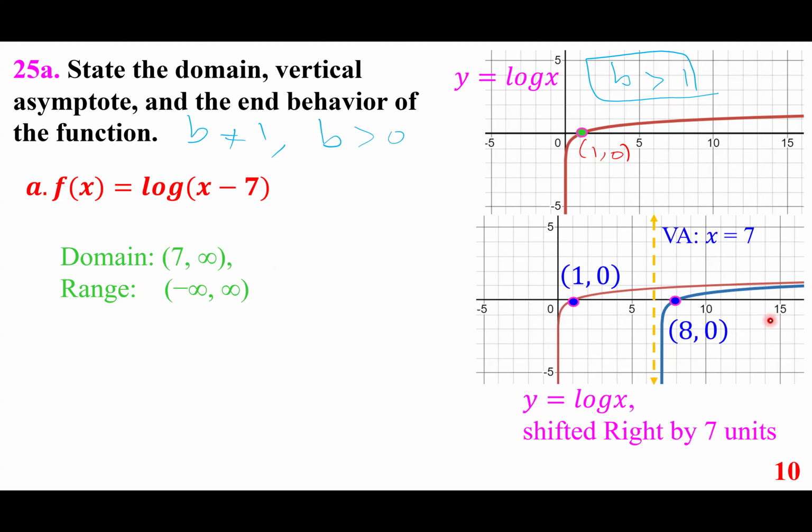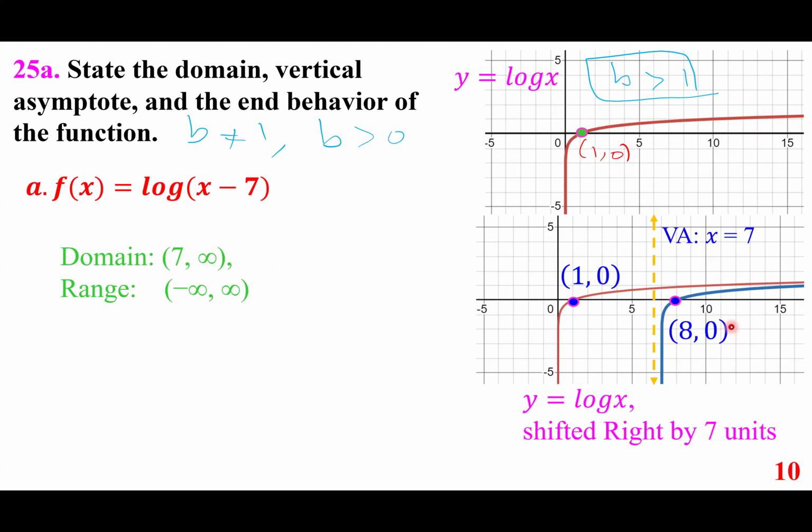So what is the end behavior? Go back to this one. When x goes to positive infinity, so does y. But when x goes towards 0 from the right, it goes to negative infinity.